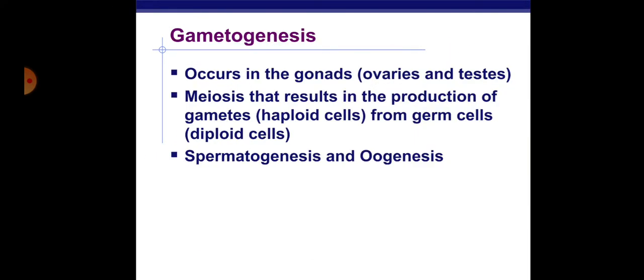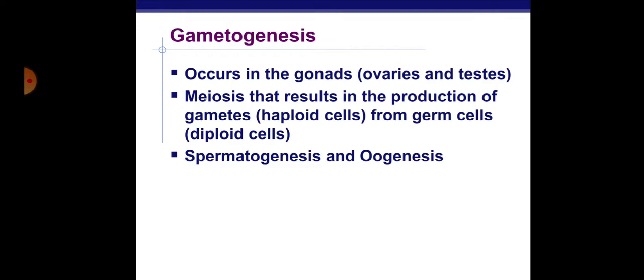Now, the process of fertilization starts with the process of gametogenesis, that is, the generation of gametes. This process occurs in the gonads, ovaries in the females, and testes in the males. Gametogenesis takes place due to the division of cells in the germ tissue of the male or the female.